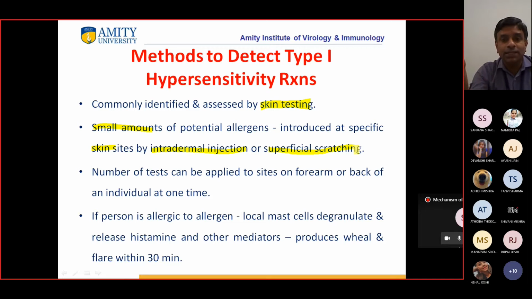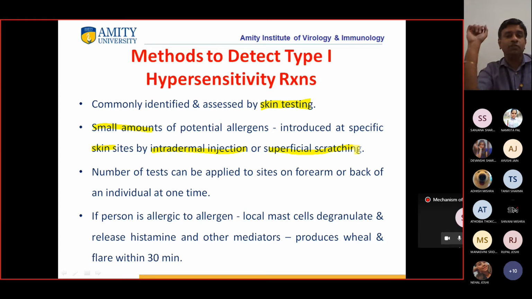And once it is done, if you are allergic to that particular component, you will see the wheel and flare reaction. So there will be redness around that point. Now the good thing about skin testing is that a number of tests can be applied to sites on the forearm.